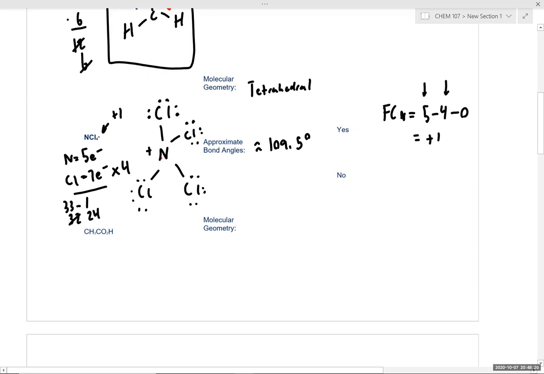And because the central atom has a symmetrical geometry, all of our bond dipoles cancel out. So all of our atoms bonded to the central atom are the same. All of our bond dipoles are the same. And because our bond dipoles are arranged symmetrically, they end up canceling out.